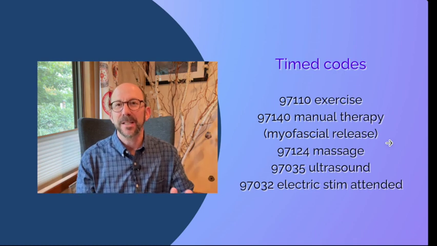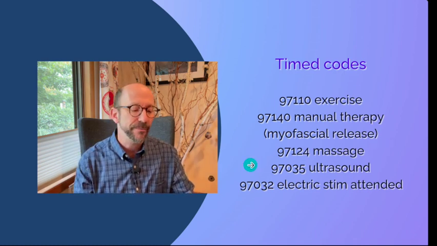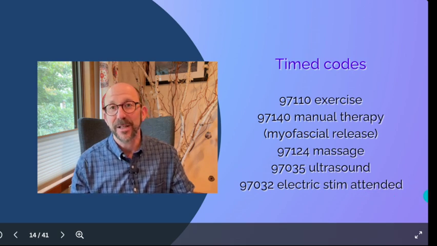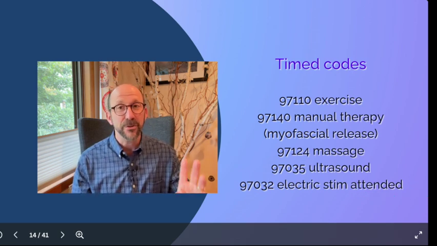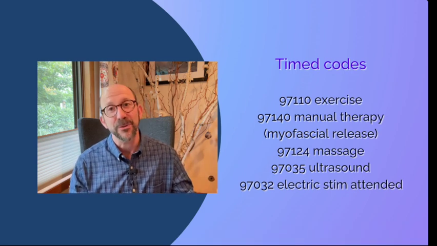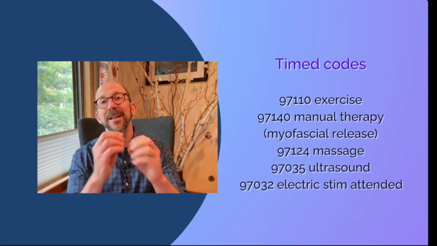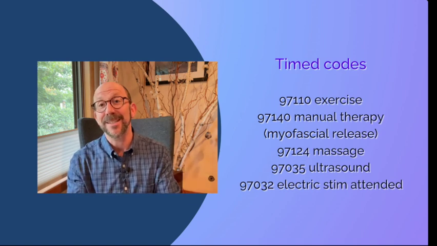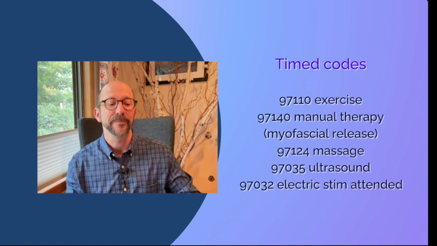That generally is 97124. And then the main two PT codes, the modalities of ultrasound, 97035 and 97032 for electric stimulation attended. You are there applying it to the patient, or your assistant is there, but you're right there in the building.